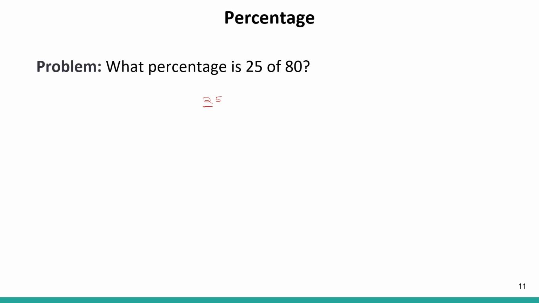So 25 by 80. In percentage, dividing by 5, it will be 5 by 16. So 5 by 16 is the simplified fraction.